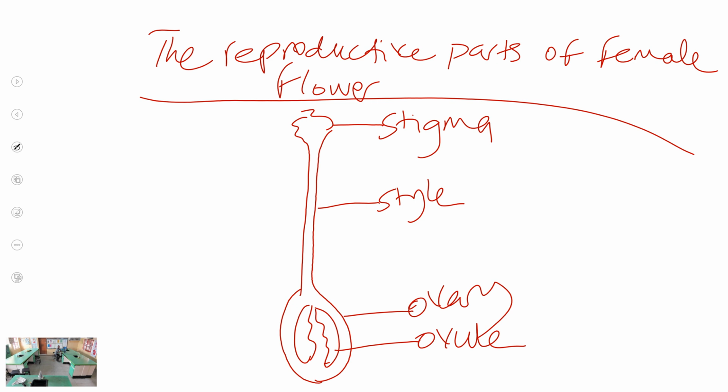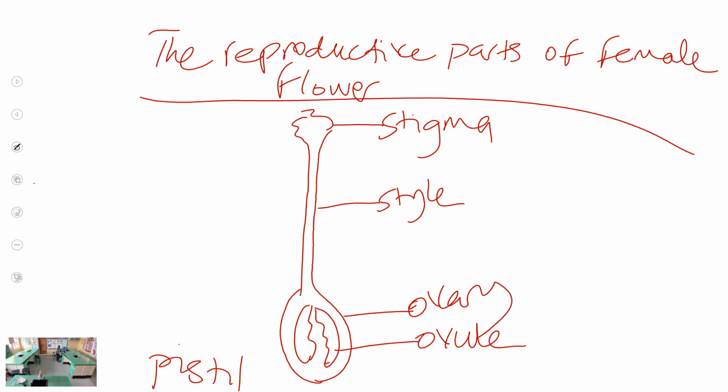This is the female reproductive part of a flower, which is called the pistil or the carpel.